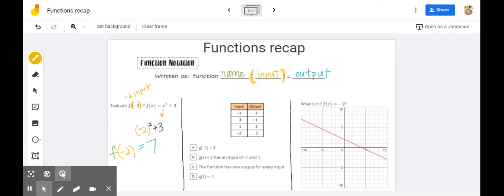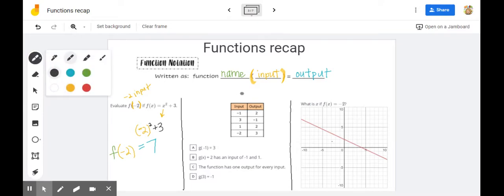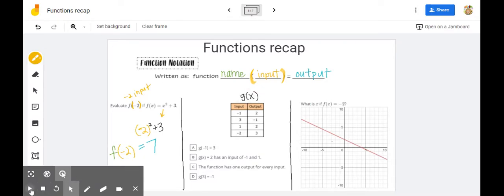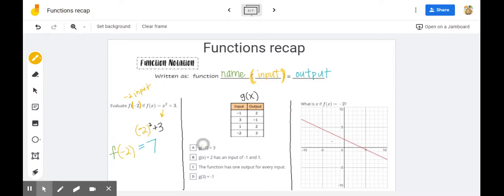Now, according to this next question, they give you a function g of x, which is represented in the table. All right, so for letter A, it says, in the function of g, my input is -1 and my output from -1 is +3. And that is not true because -1 as an input goes to an output of 2.